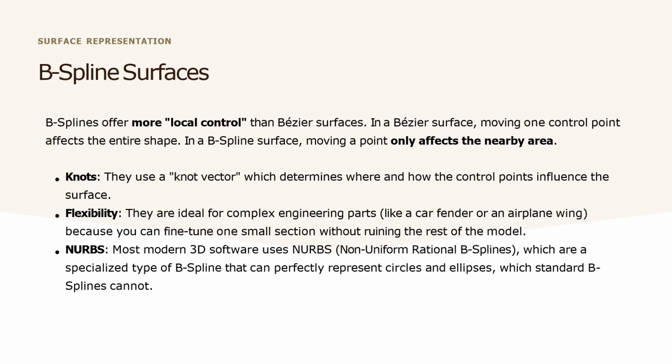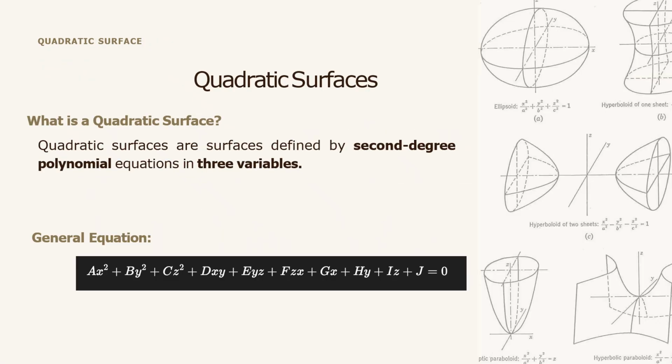Let's move on to the next topic, which is quadratic surfaces. What is a quadratic surface? Quadratic surfaces are surfaces defined by a second degree polynomial equation in three variables.